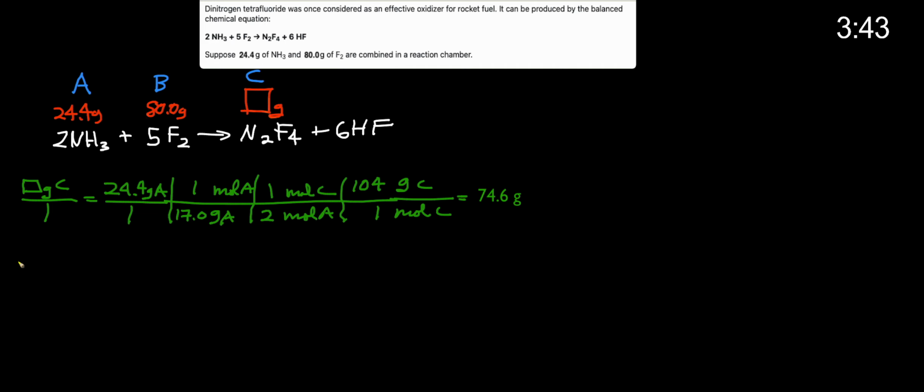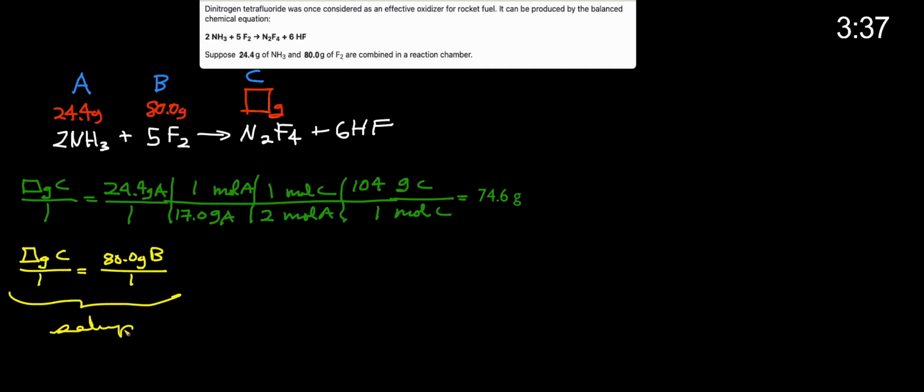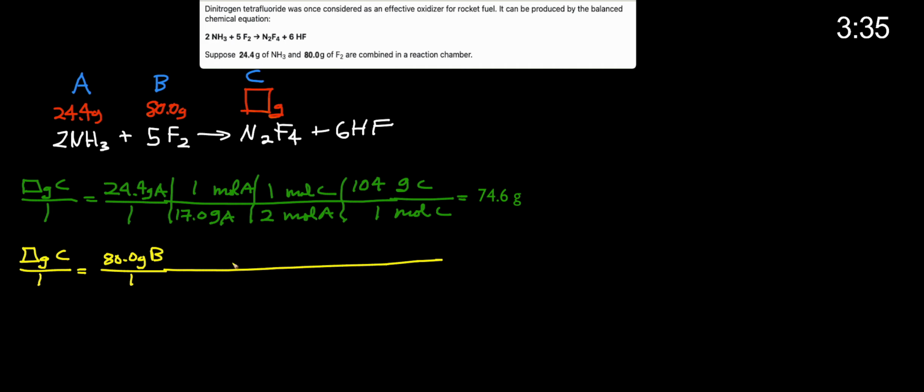Then the next thing to do is to make the same calculation, but this time from fluorine to our product, starting with 80 grams. Again, our setup, how many grams of C do I get starting with 80 grams of B?